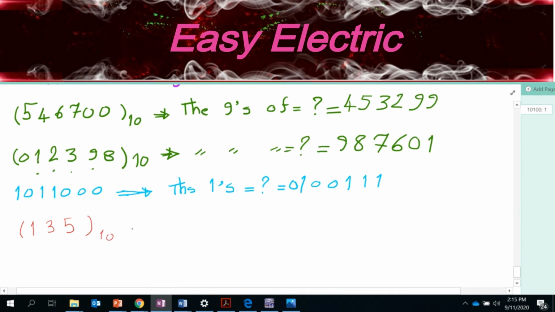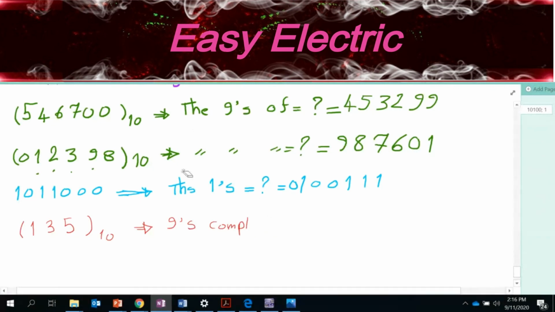The question is, what is the 9's complement?